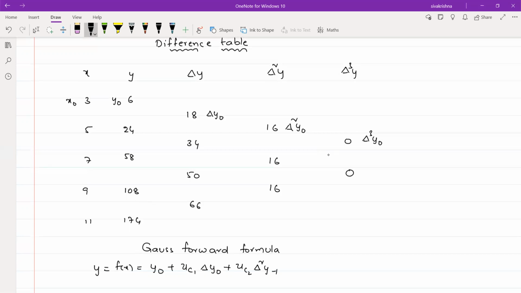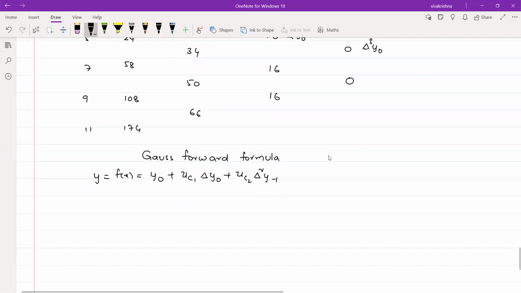The starting value of y is y naught. We do not have y sub x minus 1 in our table. It means we have to write the formula up to delta y naught only. So the first term is y naught plus uC1, which is nothing but u into delta y naught.